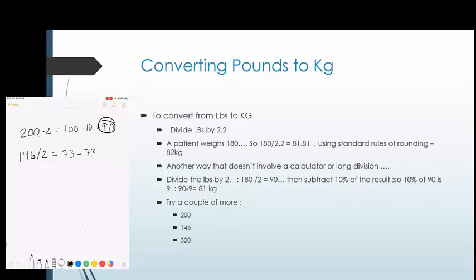We subtract that from 73, so we get 65.7, which would round to 66 kilograms. 320 divided by 2 gives us 160. 10% of 160 is 16. So 160 minus 16 gives us 144 kilograms. This will get you within a kilogram every single time.